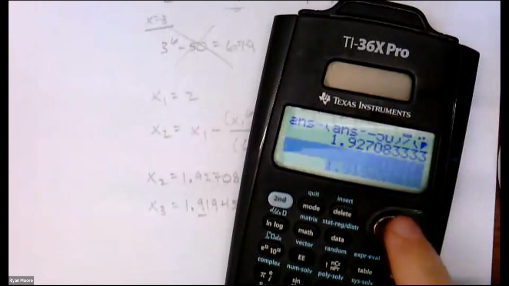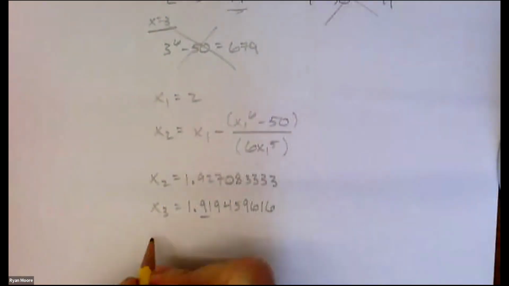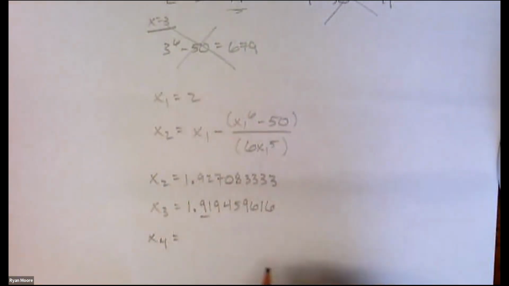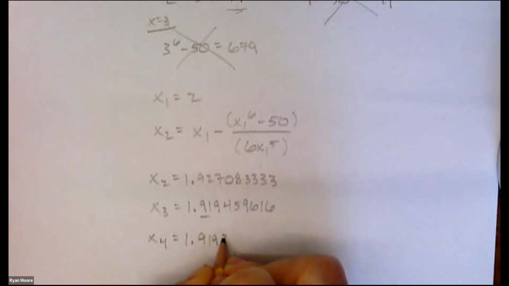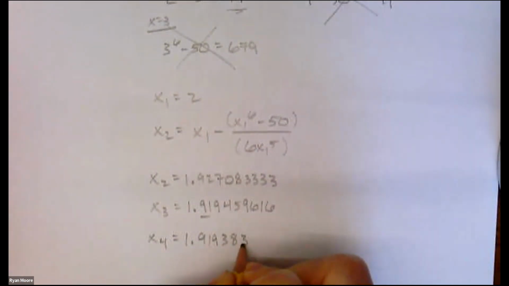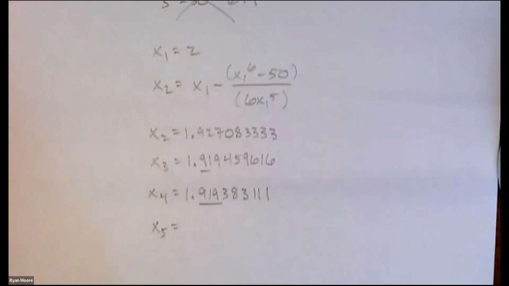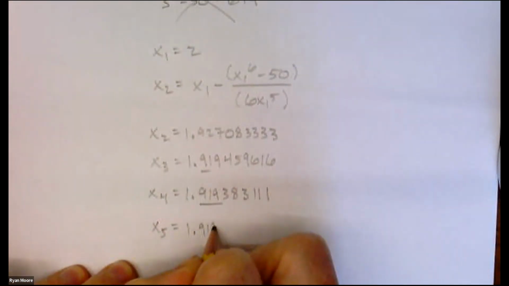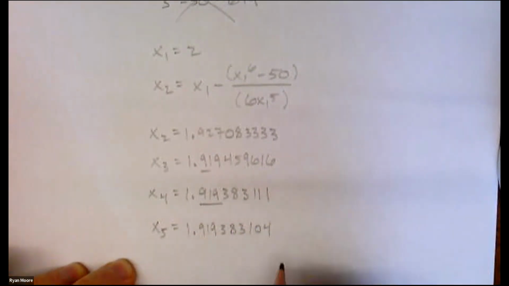And if we keep going, x4, and this time we just need to get it to 4 places, 1.919383111. We got the 919. I think one more and we'll have it. It's probably going to be that 3. Yep. 1.919383104. We got lots of places to repeat.